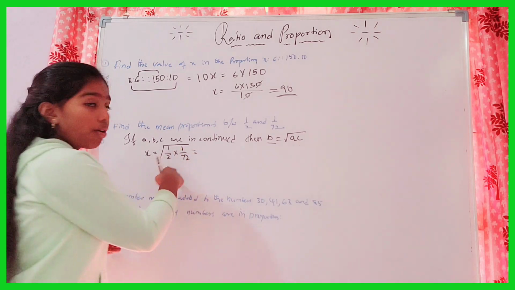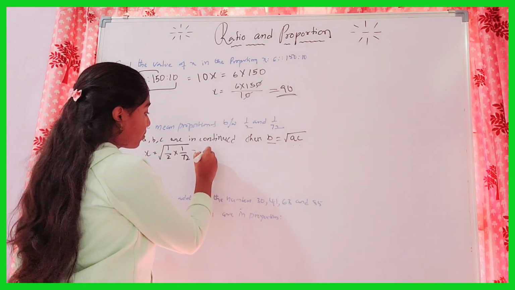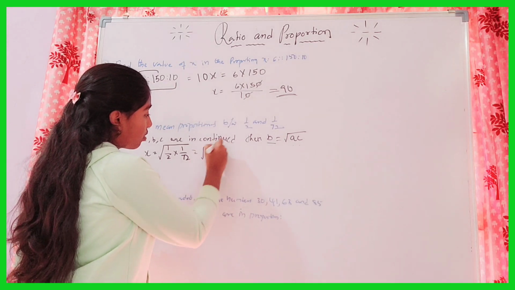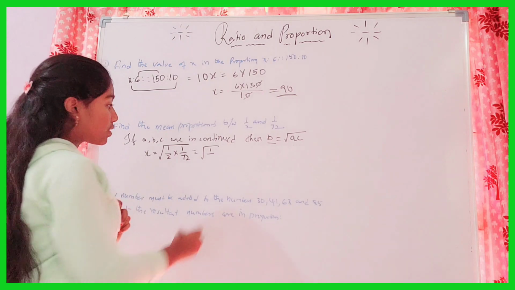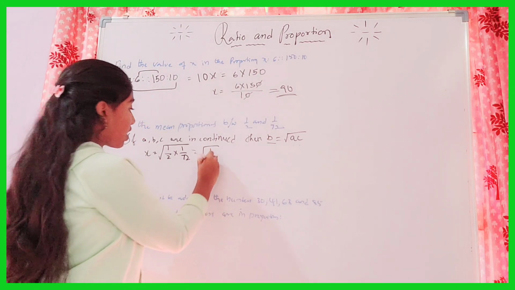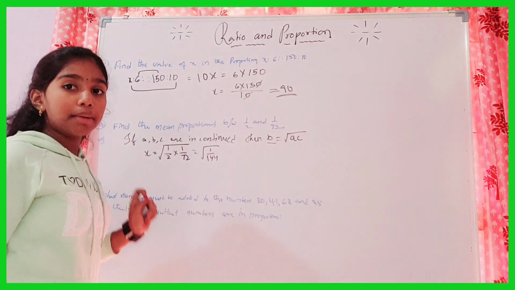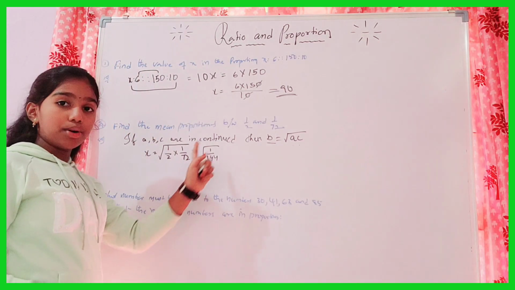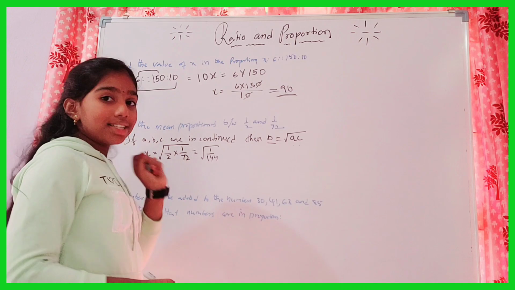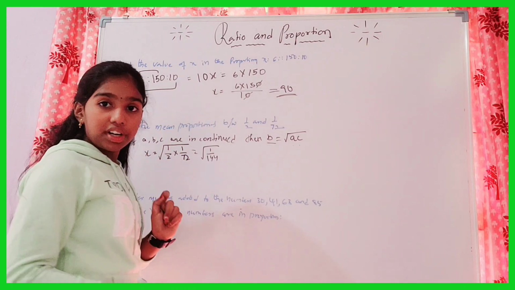Now 1 into 1 is 1, so the square root of 1 by 2 into 72. 2 times 72 is 144, so we get 1 by 144 under the square root. Square root means 12 squared: 12 squared is 144.